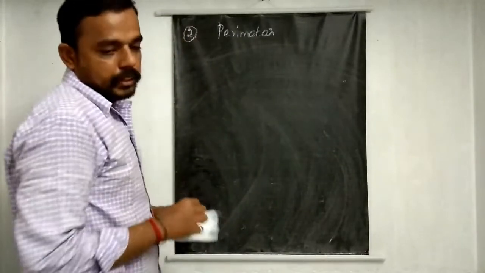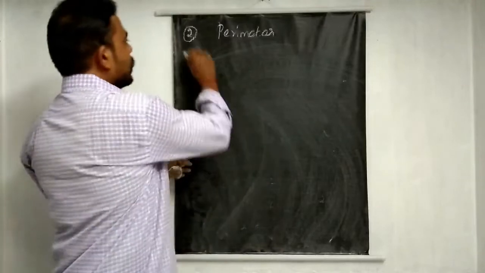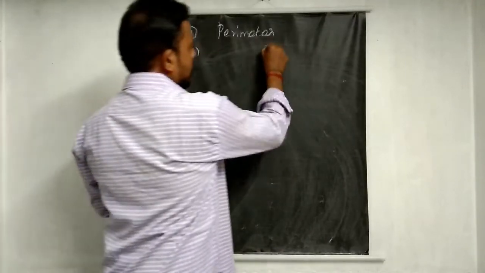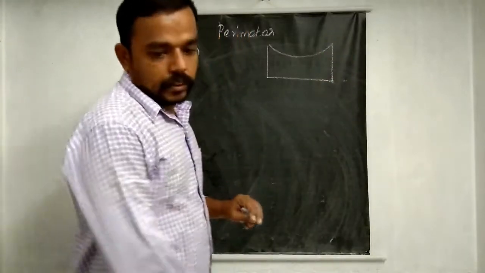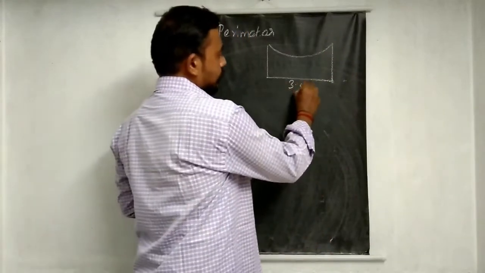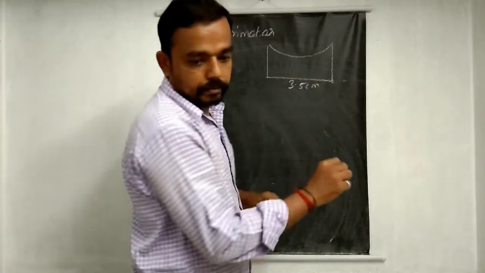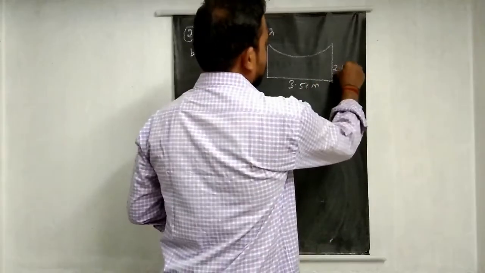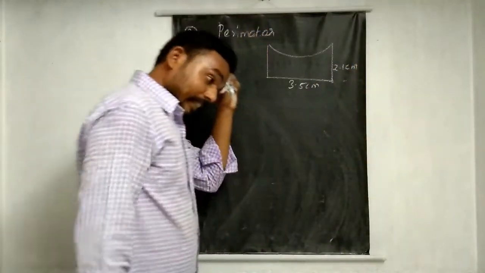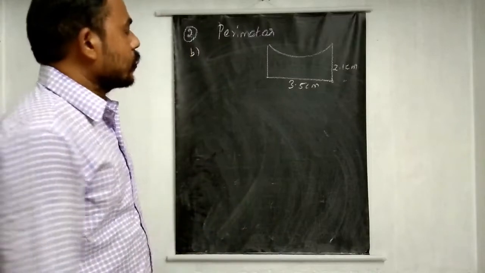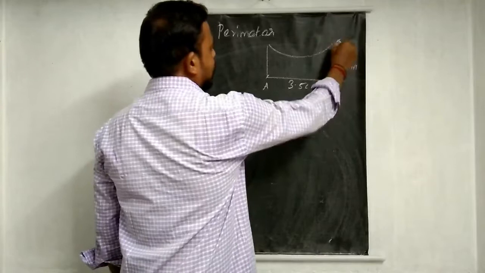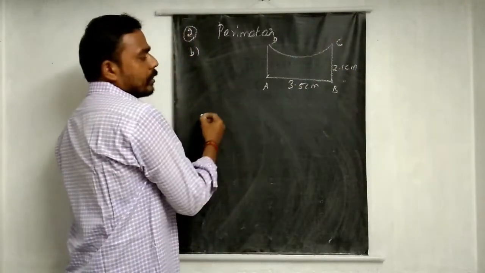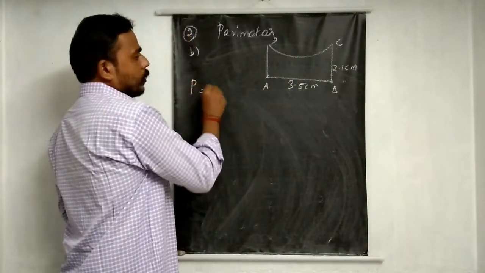Right. Similarly, next B. Here 3.5 centimeter, 2.1 centimeter. This also looks like the first, A, B, C, D. So perimeter equals AB.